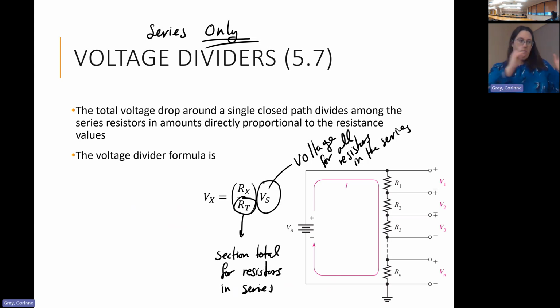So in this case, let's say we don't have the Rn here, we would have 3. That would be the voltage drop across the 3 of them. You would use the total resistance across those 3 and then look at the individual one. So you cannot look at it for the entirety of the circuit. If you have a complex circuit where you have series and parallel, you can just look at that chunk of series to go through and apply this.